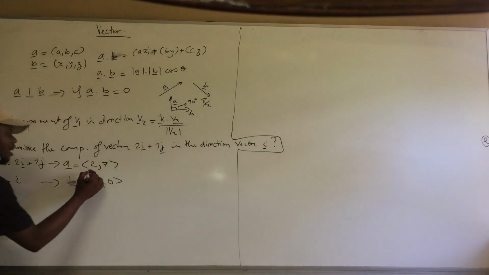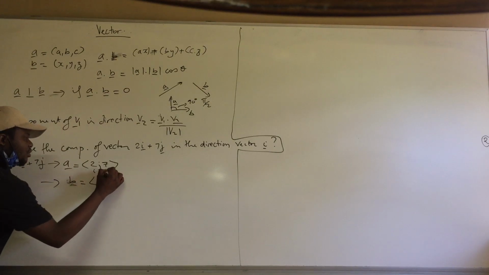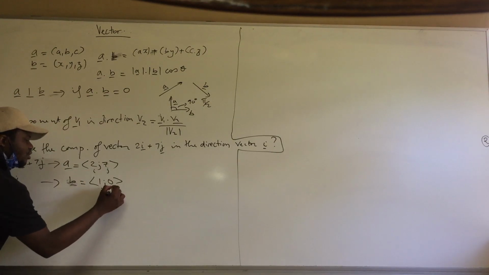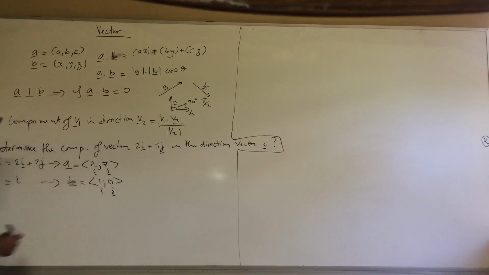This is your i, this is your j. Good. So now, let us find the component of vector 2i plus 7j in the direction of i.